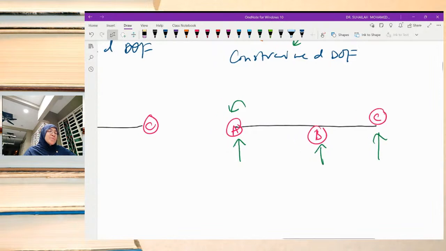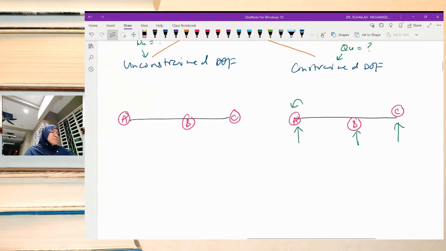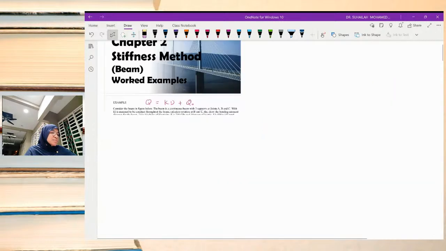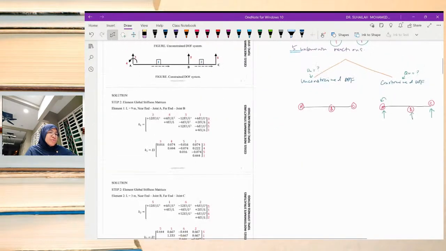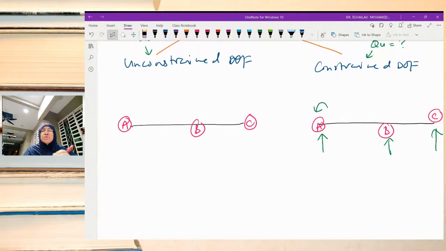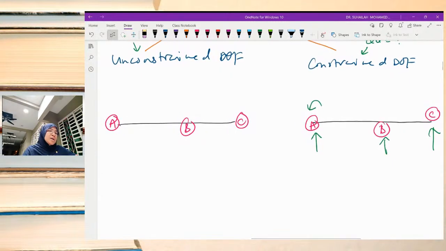Always remember that we have to have two at each node. Each node must have 2. So we don't have to put DOF at A because A already has 2 in the constrained system. Under the unconstrained degree of freedom, at B it only has 1 in the Y component, so we have to have another 1 in the Z component.